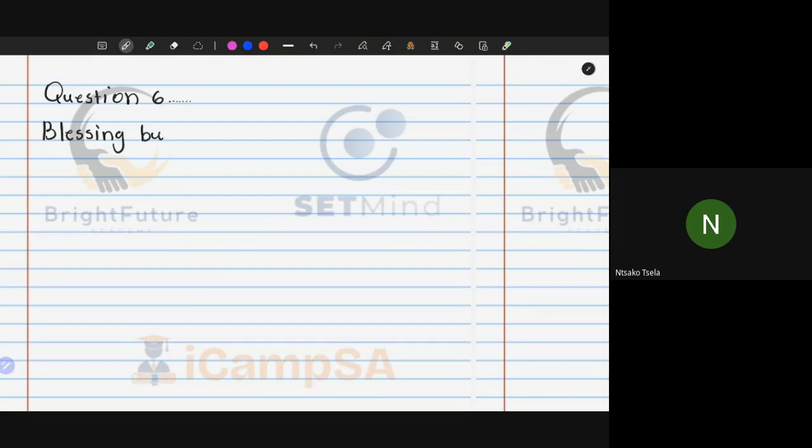Blessing buys a car for 230,000. And what happens is the car is assessed. They assess the car after 5 years.